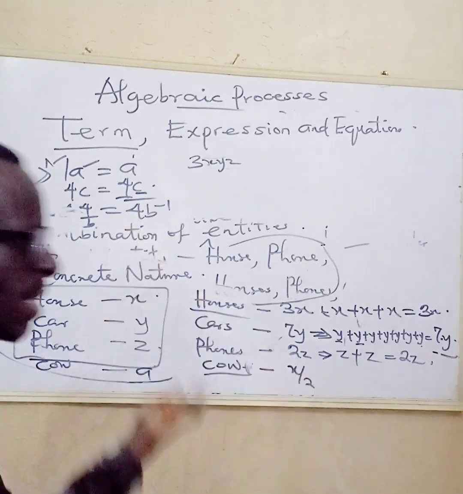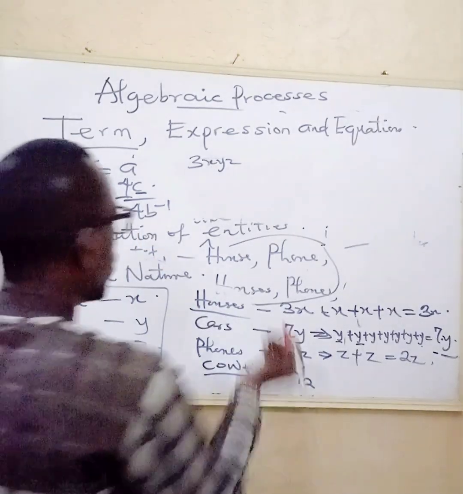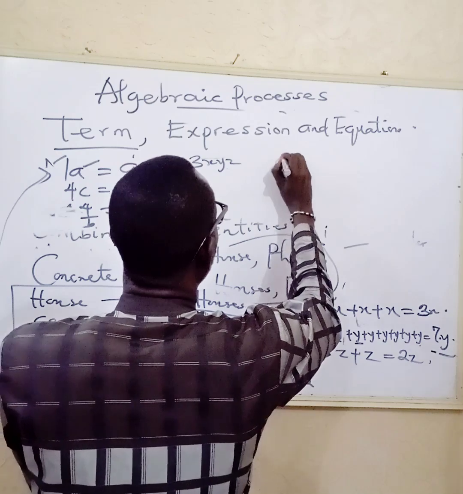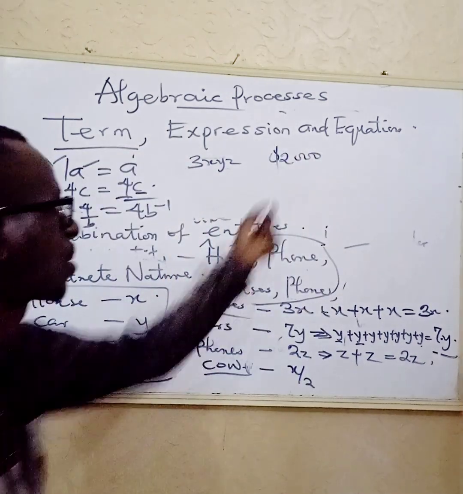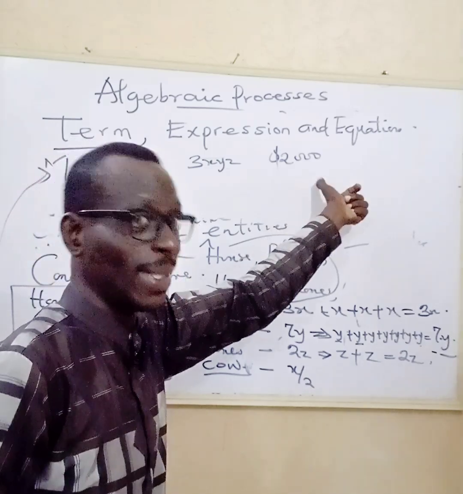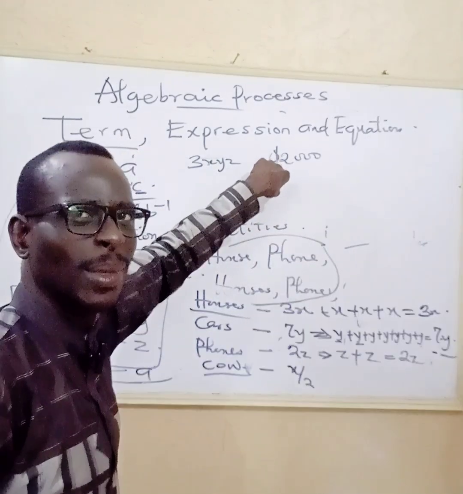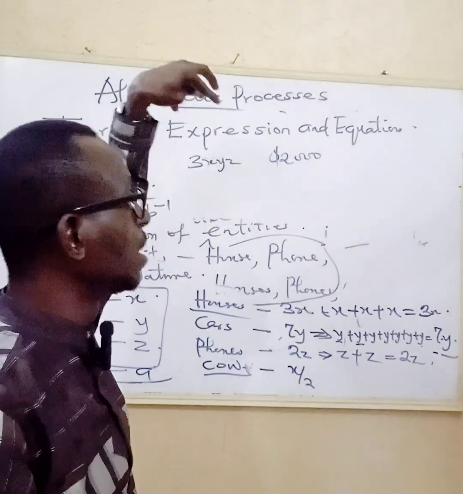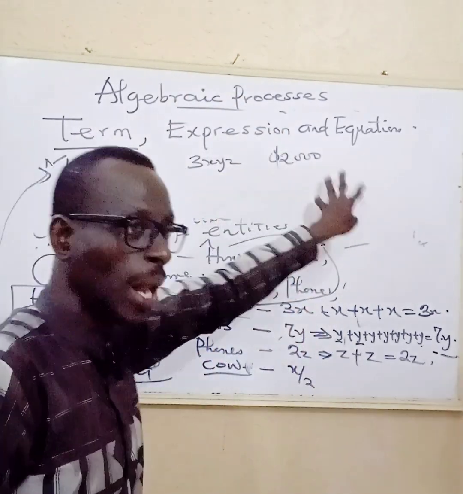And another abstract and concrete explanation is when we have 2000 dollars. This 2000 is an entity on its own. This is a term. And the dollar is also a term. By the time we are combining the two together, you see it becomes $2,000.